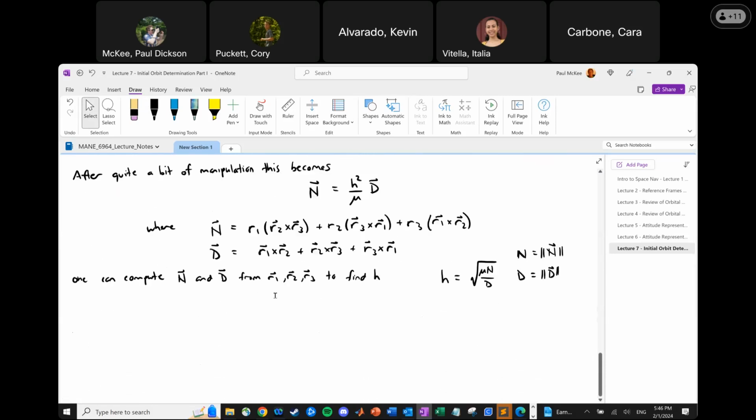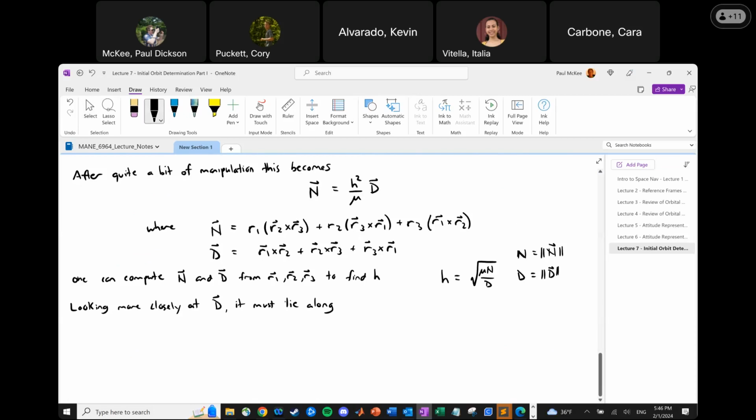Okay, now bear with me for a moment. If we look more closely at D, it must lie along which direction? So I'm going to open this up to the class.